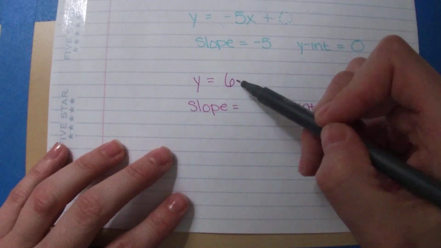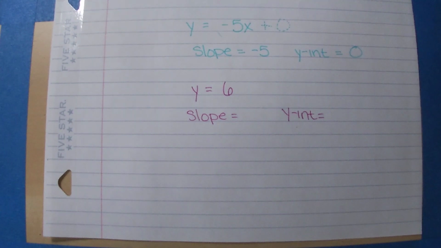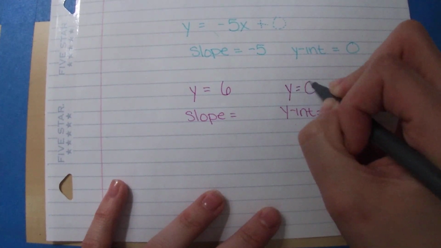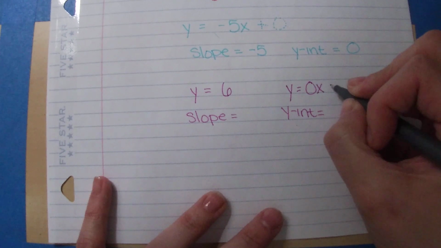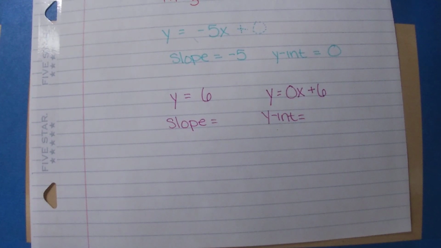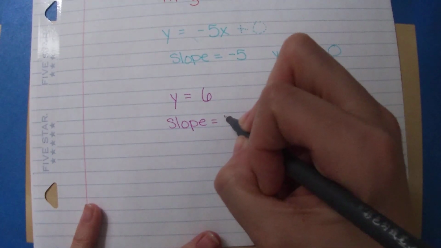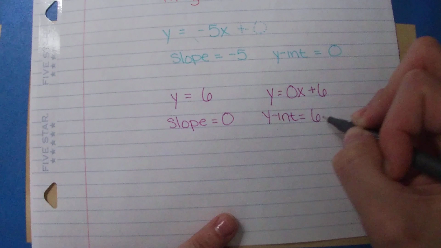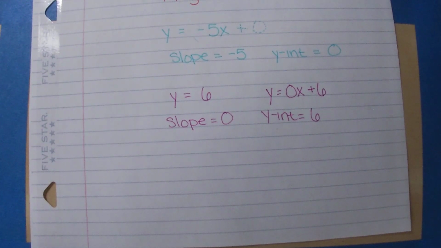And this 6 does not have an x sitting after it, which means we actually have no x's or 0 x's in this problem. So this really says y equals 0x plus 6. Okay, which means our slope is the one that is 0, and our y-intercept is the 6.